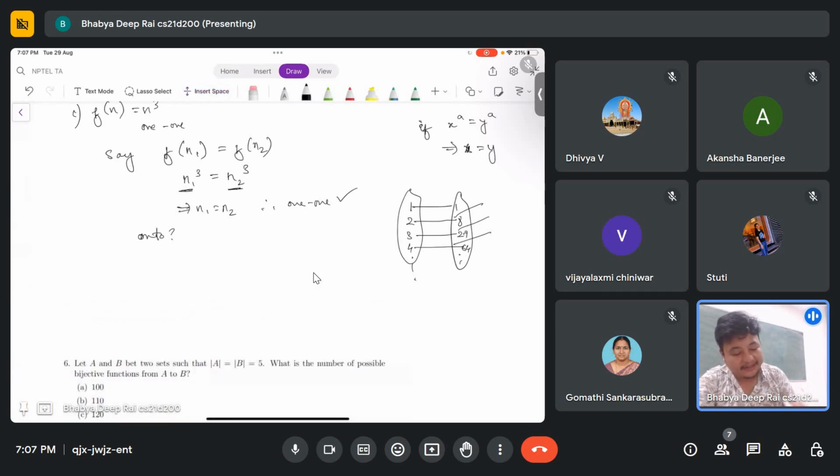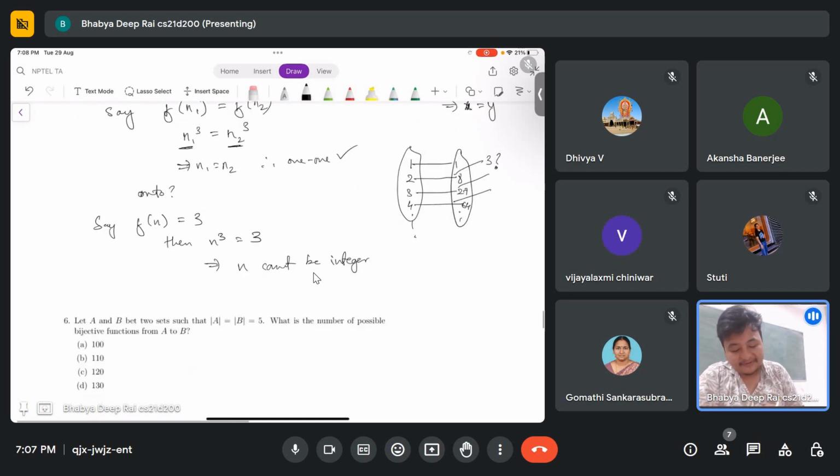So for example, if I take a small number, let's say 3 here. My question is, does 3 appear in the list? Does 3 get mapped to? So let's say 3 does get mapped to, say f of n is equal to 3, then n cube equals 3, right? And this means that n cannot be an integer. We don't know any integer such that its cube maps to 3.